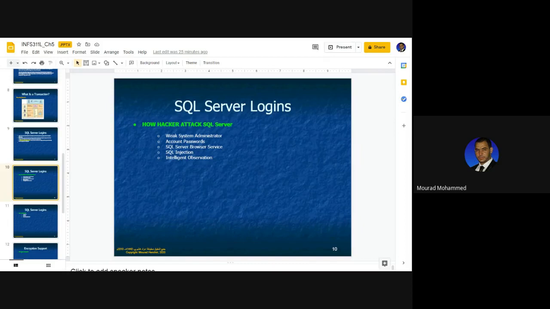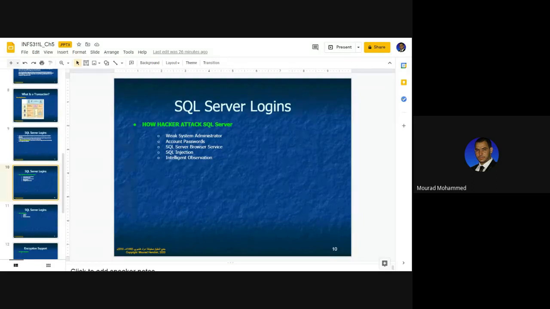Another scenario via which attackers attack the SQL Server is using the SQL Server browsing capabilities or services. When we install the SQL Server, default security measures are set. If you remember well, the browser service is disabled. It is one of the phases we pass through when we install the SQL Server.